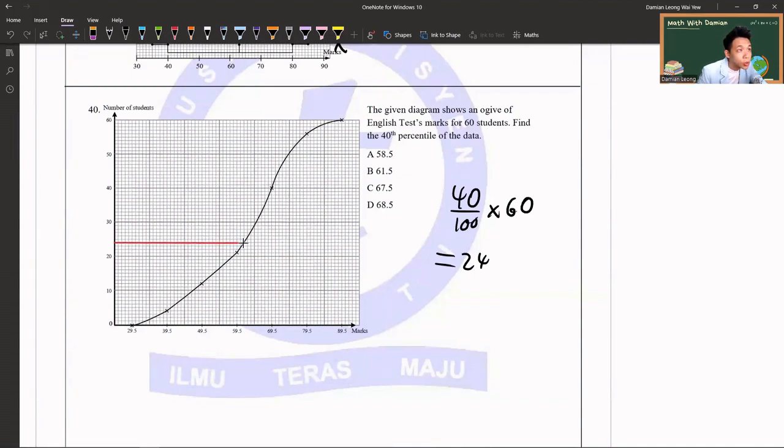Match to the ogive. Then we look for the x value, which here is 59, 60, 61, 61.5. Answer B. And that would be it for paper 1.